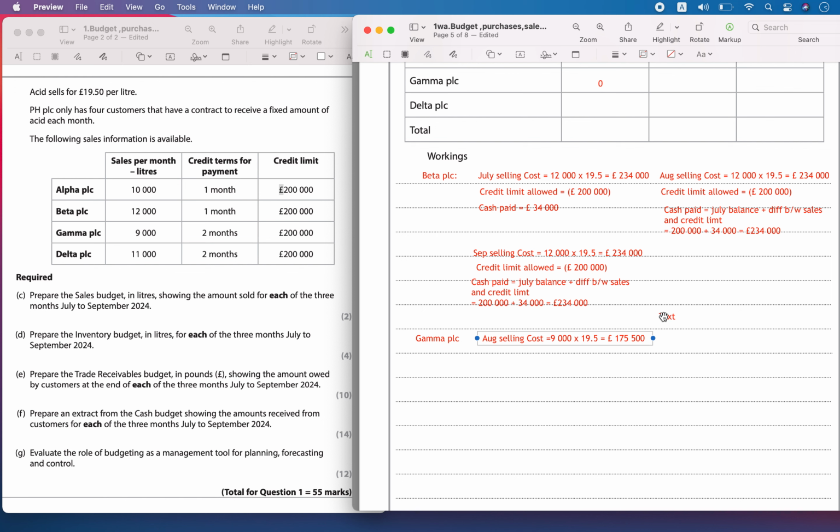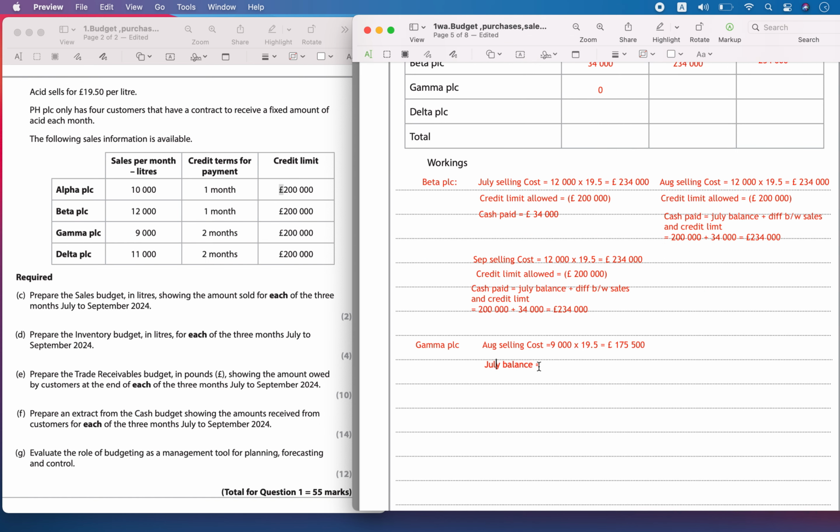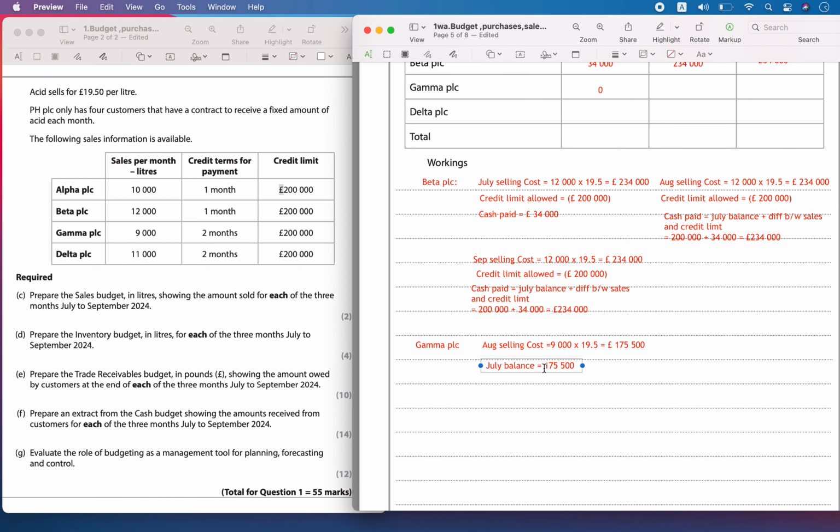For the month of August, Gamma PLC had to pay this much, and the July balance was 175,500. Now what is the amount that needs to be settled?